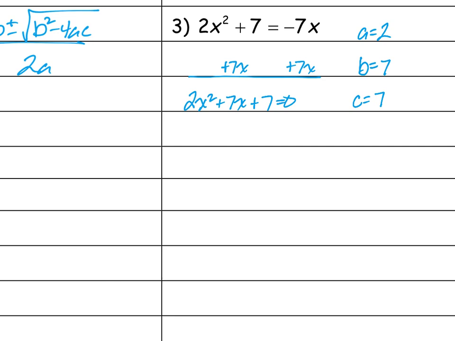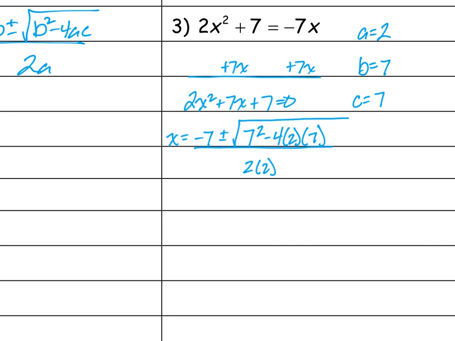Okay, so now we're just going to plug it in, right? Just like what we've been doing. So x is going to equal minus b. Oh, I don't want to put b. I actually want to put what b is. Minus 7 plus or minus the square root of 7 squared minus 4 times a, which is 2, times c, which is 7, all divided by 2 times 2.